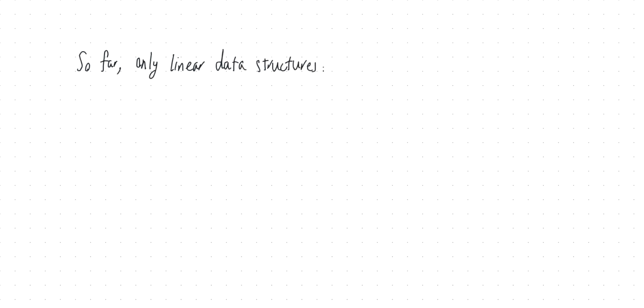Things like array and linked list and queues and stacks, right? And if you think about these data structures, there is an inherent order in the elements. That's why they're called linear.